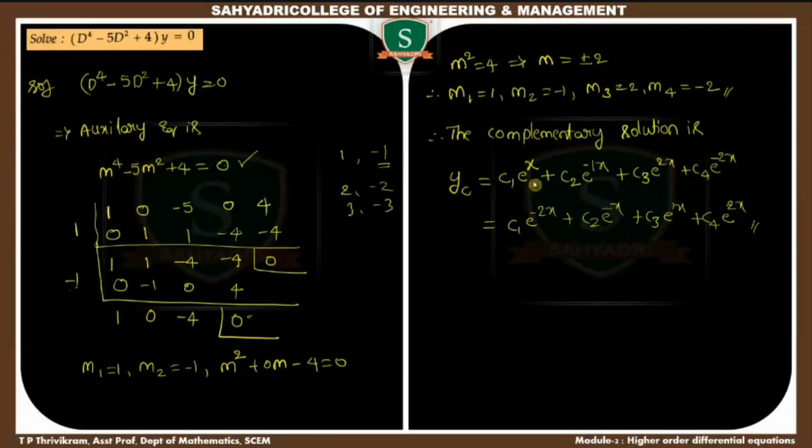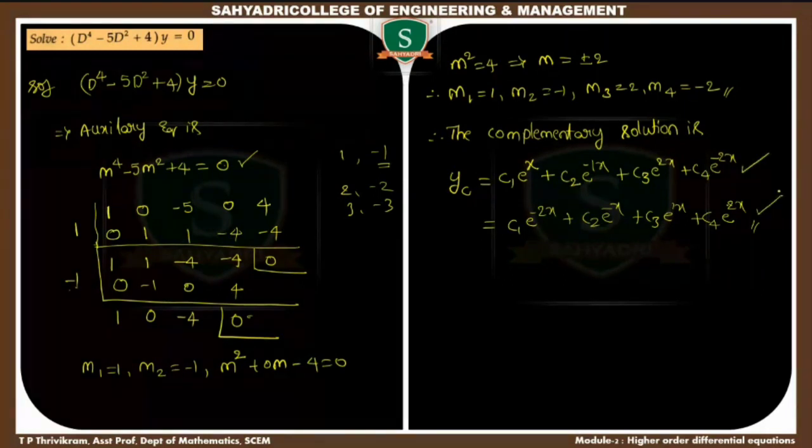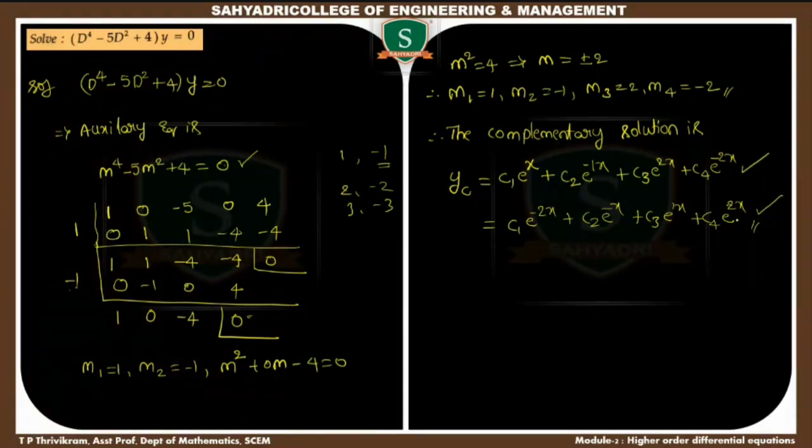That's it. So this is also correct. You can write in this way also. Not a problem. Fine. So here no need to follow the order. All the roots must be there. That's it.